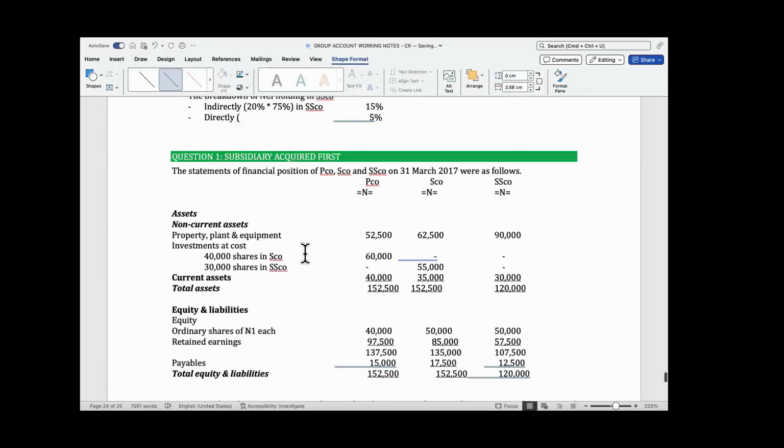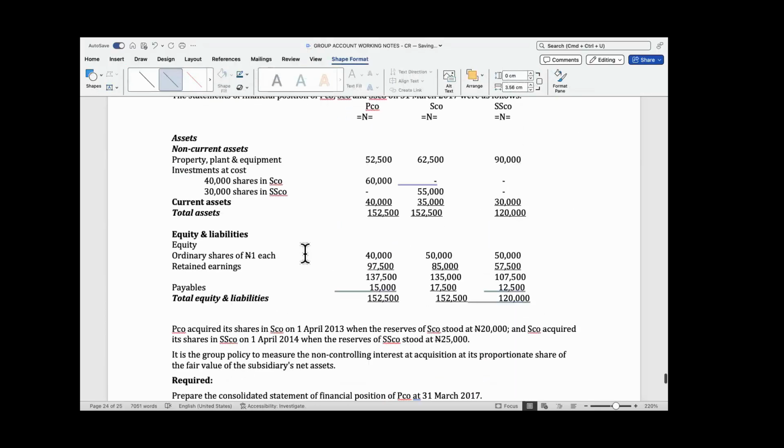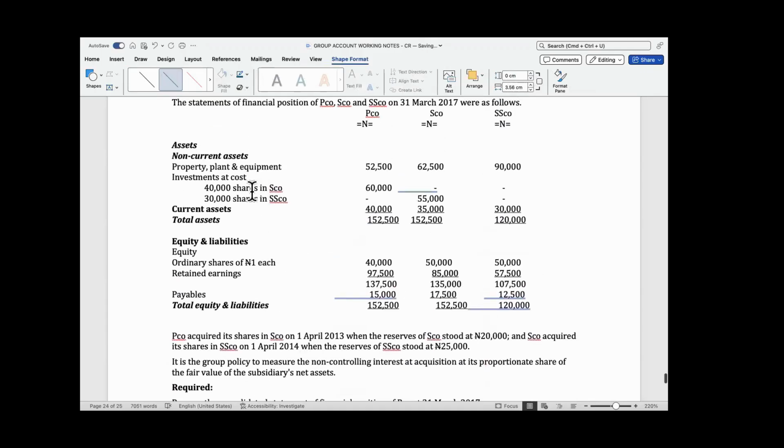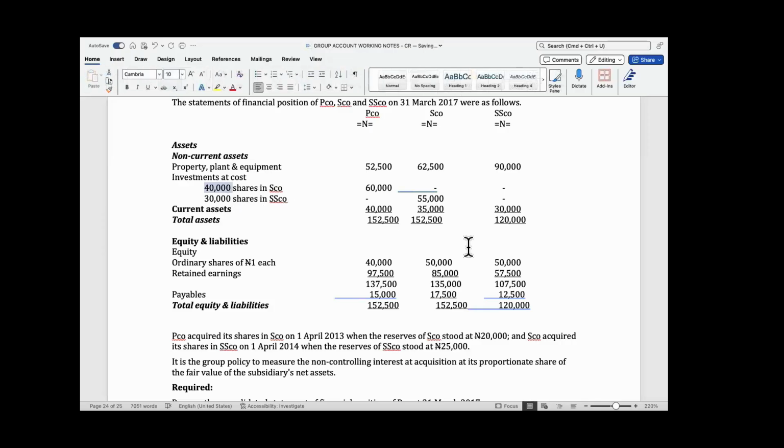He acquired how many percent? I was not told, but I can calculate it. The way to do it is that PICO acquired 40,000 shares in ESCO.